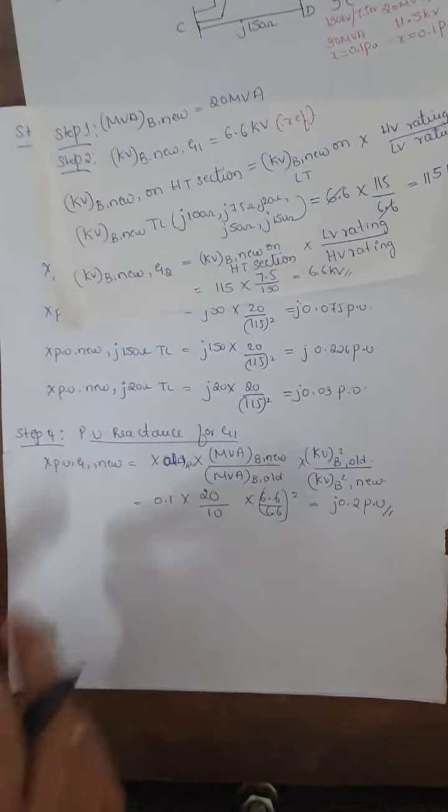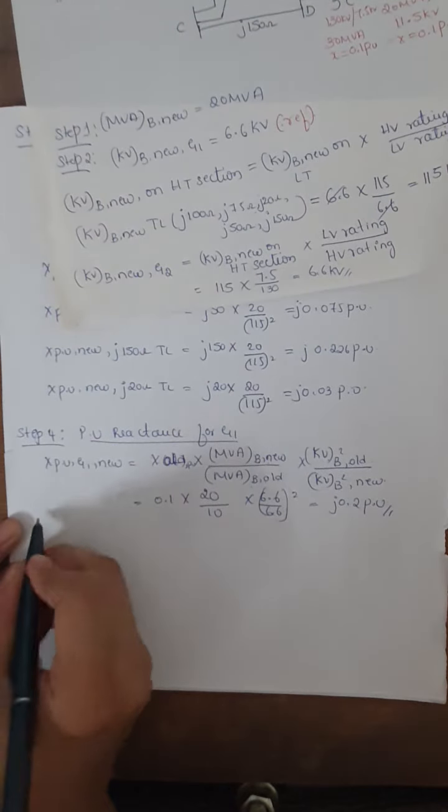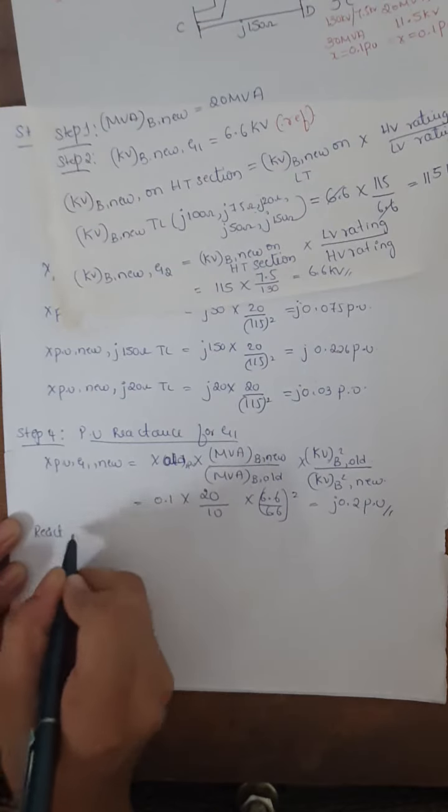Next, similarly using the same formula, I'll calculate the per unit reactance for generator 2.